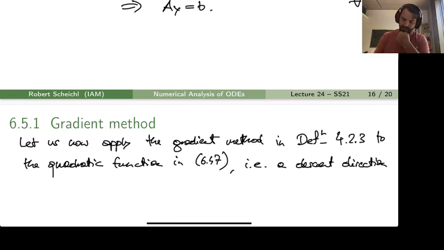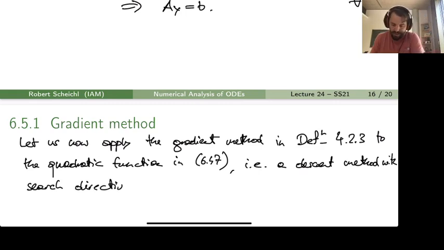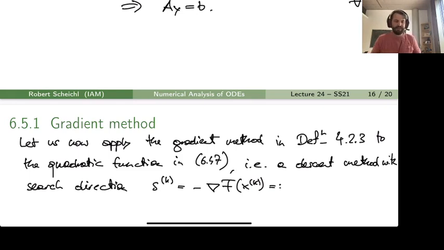We're applying a descent method with descent direction or search direction s in the kth step, which is simply minus gradient of f at the kth iterate xk, and for simplicity in the following, I'll define the gradient at the point xk by gk, so g for gradient.